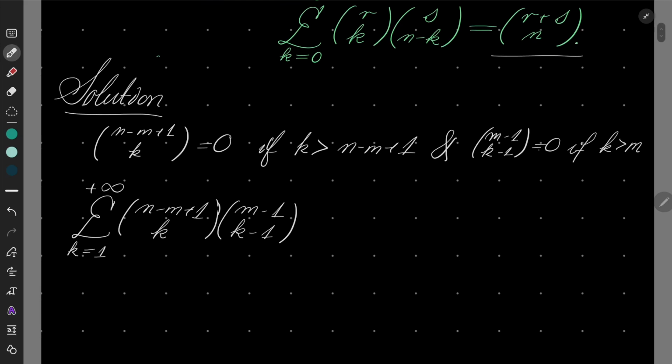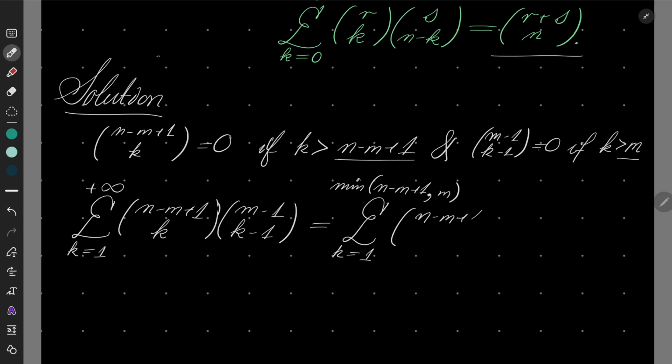So in fact, it suffices to sum from k equals 1 to the minimum of n minus m plus 1 and m of our expression.